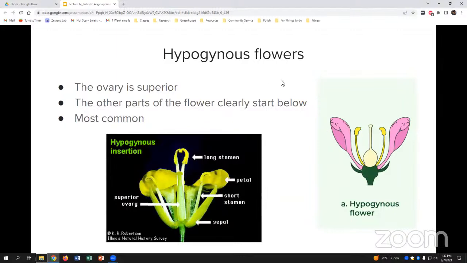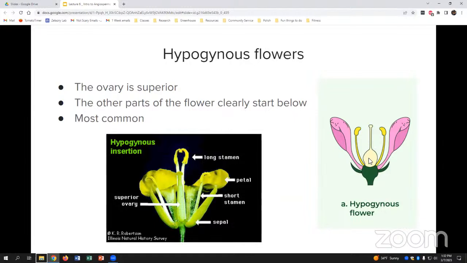So in the hypogynous flower, hypo usually means low or less, so we're thinking below. Specifically, what we're talking about being below is all the other parts of the flower. So we can see here in this image, our ovary is superior to all the others.